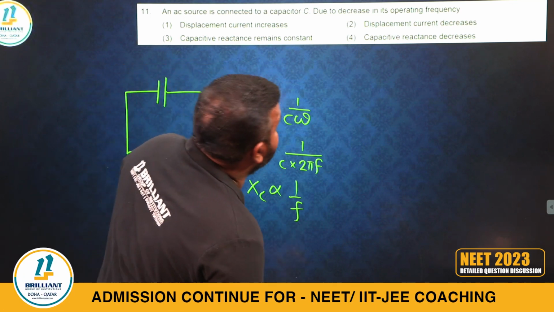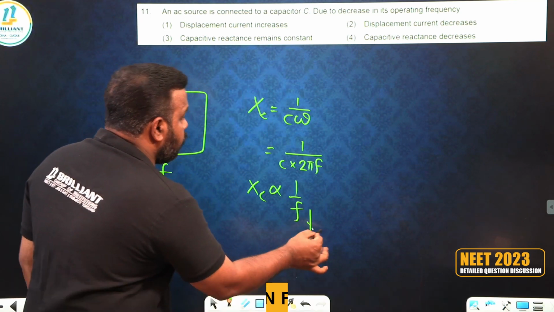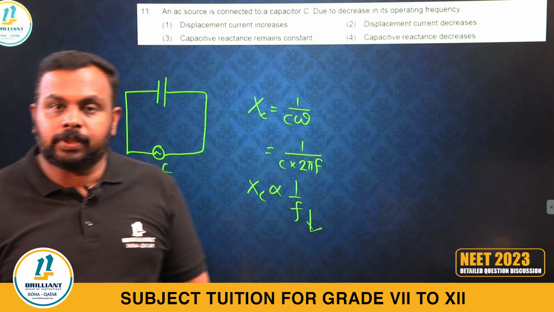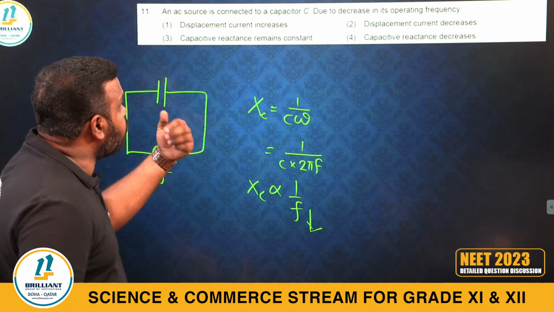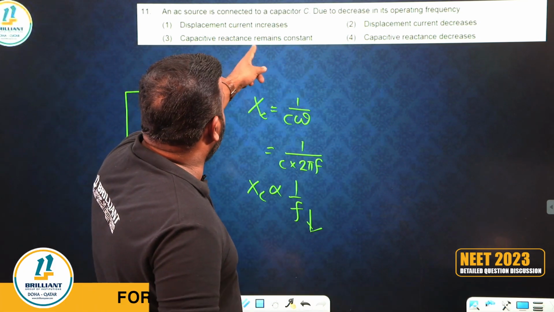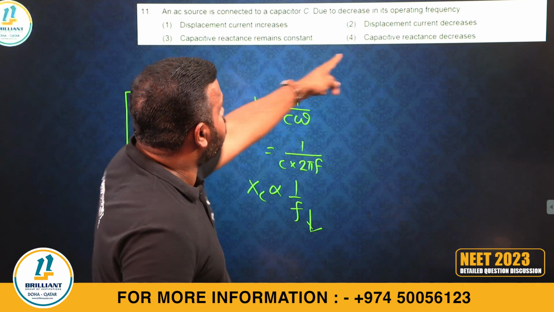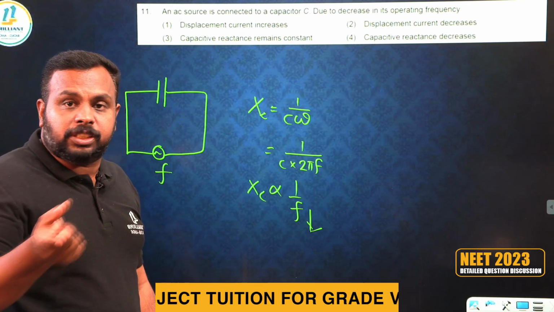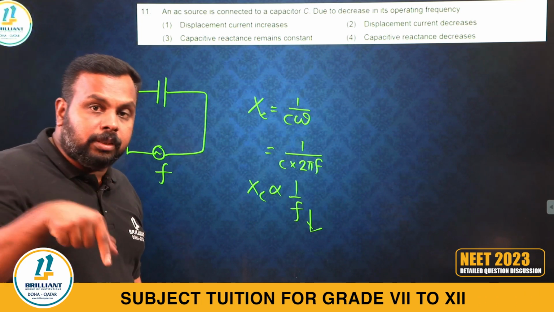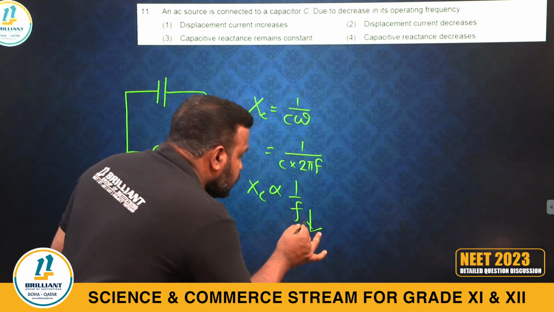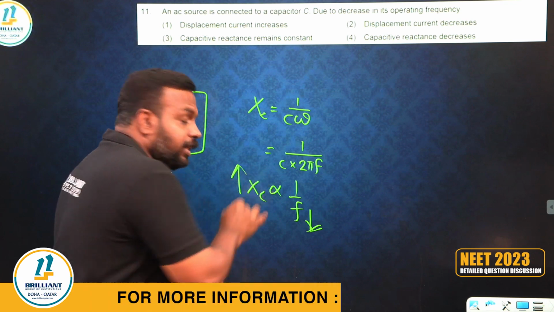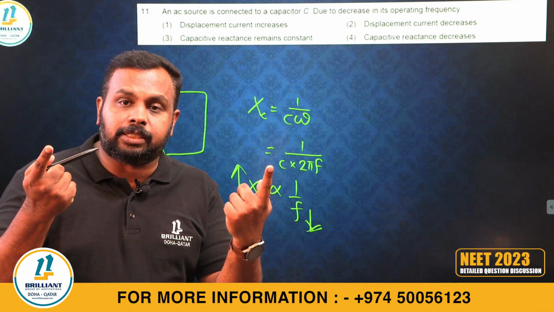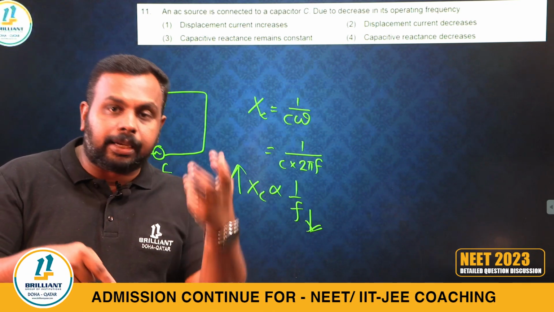What does it mean? When frequency decreases, capacitive reactance increases. Look at the options. Capacitive reactance remains constant, capacitive reactance decreases, which means capacitive reactance increases. Such an option is not there. But you can think in another way. When frequency decreases, capacitive reactance increases. Reactance is resistance.